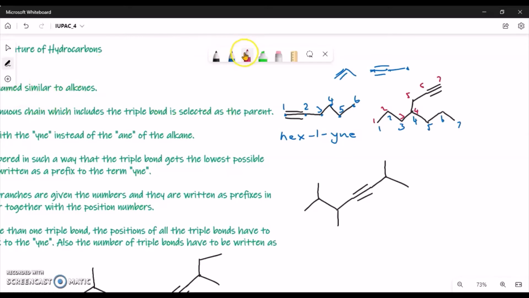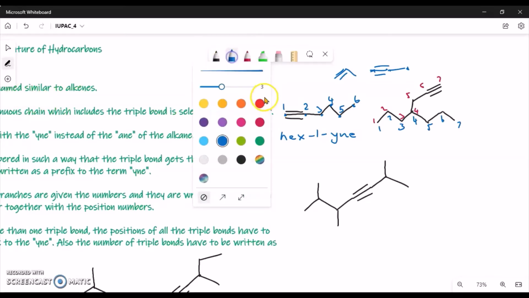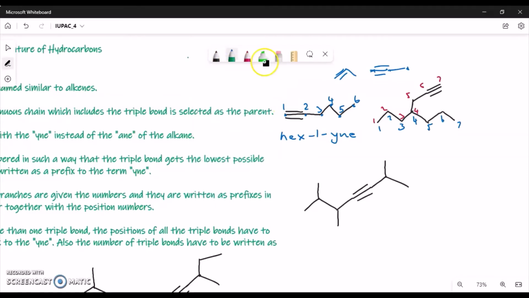There is also one other possibility to get a third chain. We will see whether that is better. So here, this could also be a chain: 1, 2, 3, 4, 5 and 6. It has the triple bond in it, but the number of carbons is 6.